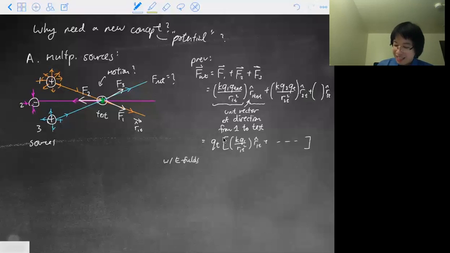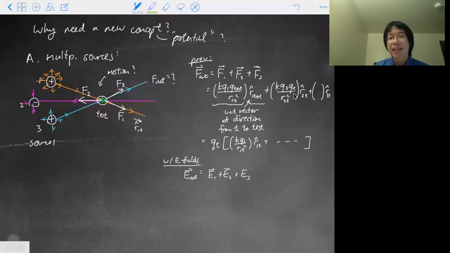Right? So that's why I say don't worry too much about this, because this is not an efficient way to do it. If I now change to a different test charge, instead of looking at 1 coulomb, I want to know the force on 5 coulombs, you have to redo the whole thing. But with electric fields, it's much more efficient and more economical because you first calculate this, which is a pain, but it's the same pain. To do F1 plus F2 plus F3 vectors, it's the same amount of work to do E1 plus E2.